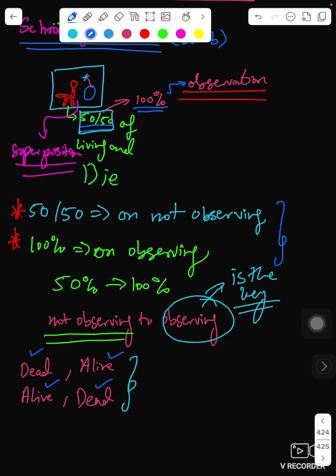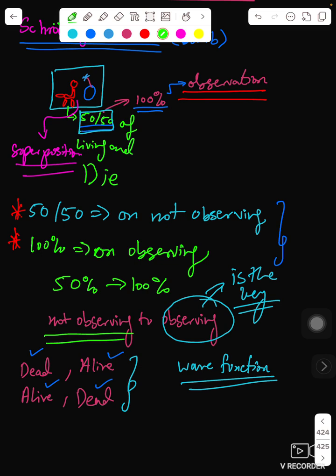Now let's extend this same experiment. Here is one more thing. We will talk about wave function in detail in the next part, the extended version of this experiment. What is wave function? Wave function is the many probabilities of something happening, from overall possibilities.